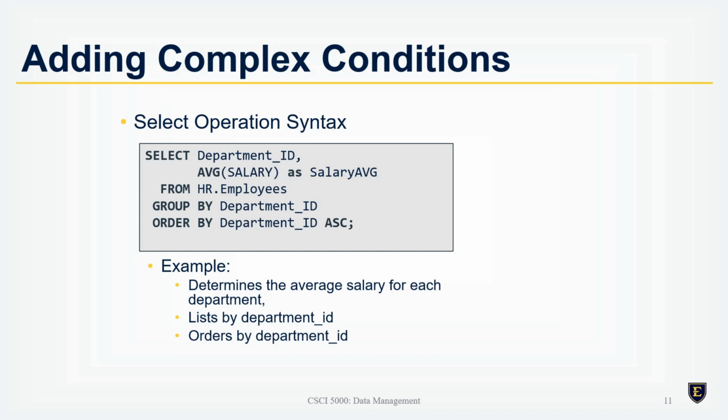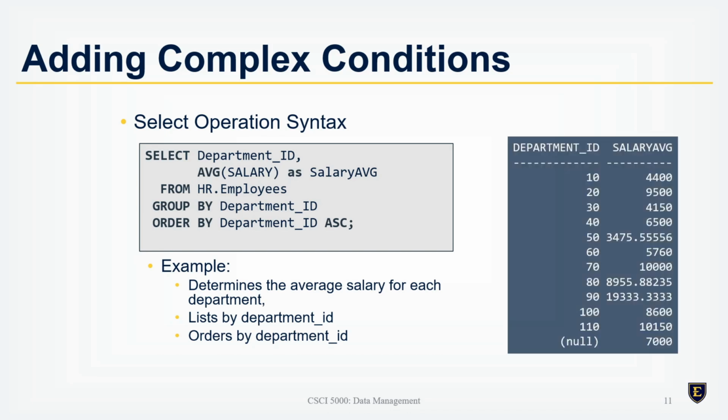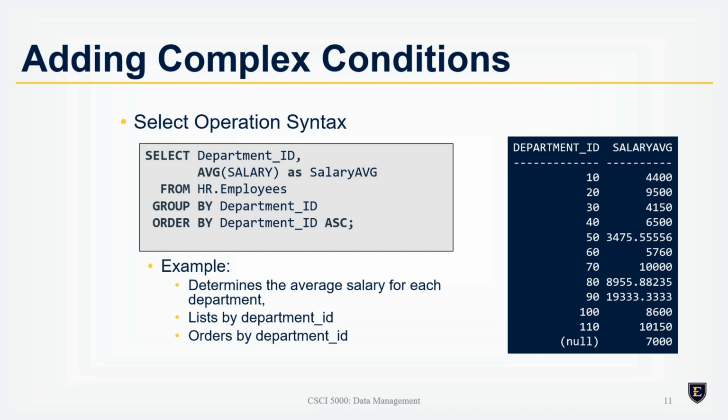Here's an example using the HR employees database. It selects department ID and the average salary, and we're aliasing average salary. Then it's selecting from the employees table, group by department ID, and order by department ID ascending. So for each department ID, we will have the average salary for those employees. When you run this, you should get something that looks like this.